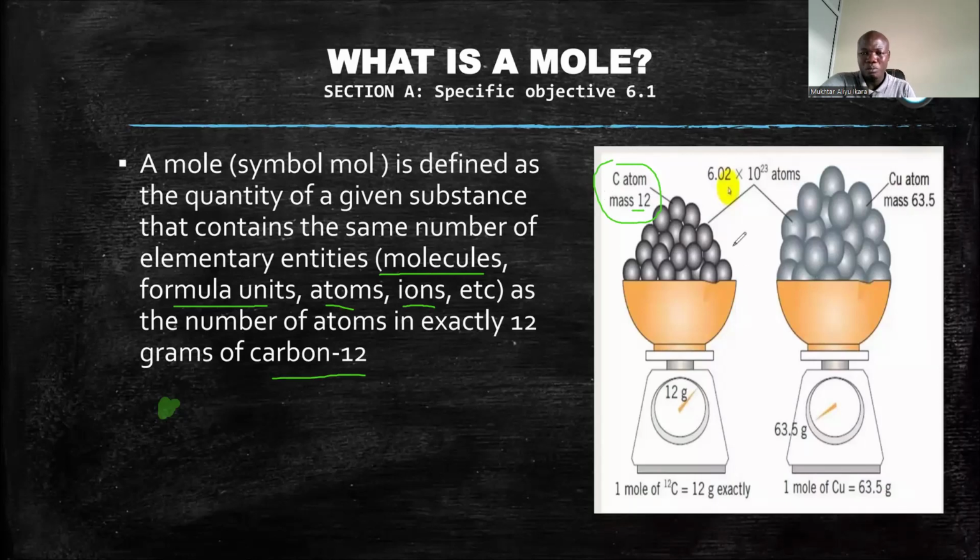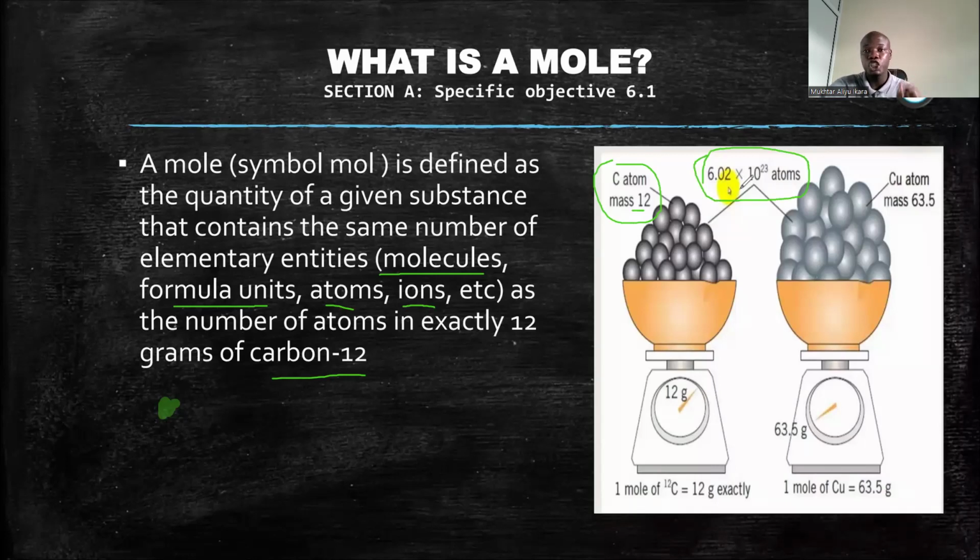So 1 mole of carbon contains exactly 12 grams, and 1 mole of copper contains exactly 63.5 grams. But in 1 mole of each of these elements, the carbon and the copper, they contain the same number of atoms.